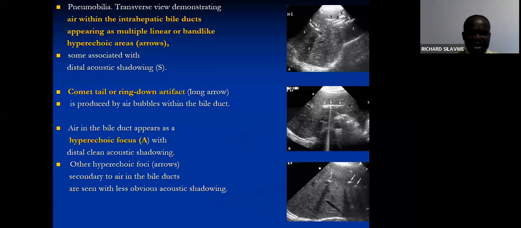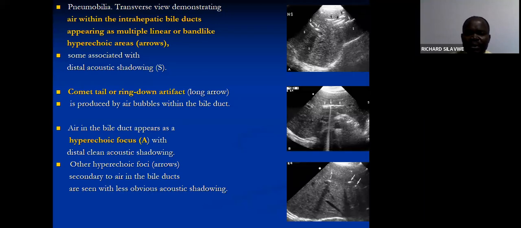We are able to see air in the intrahepatic bile duct appearing as multiple linear or band-like hyperechoic areas, some associated with distal acoustic shadowing, like this one, which is labeled S, then a comet tail sign or ring down artifact.